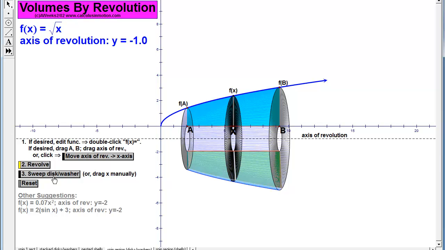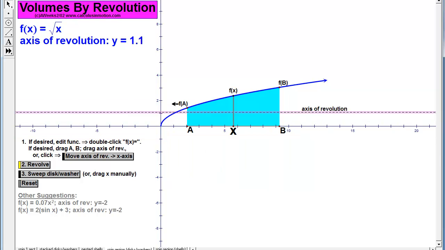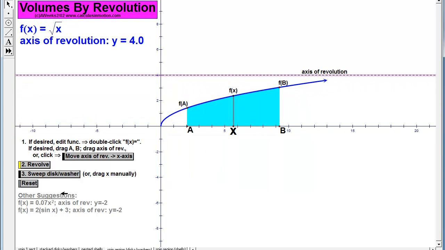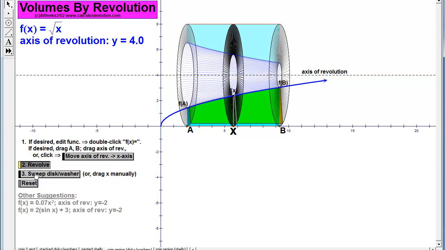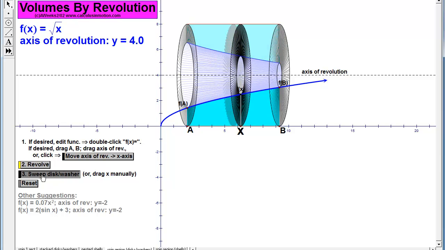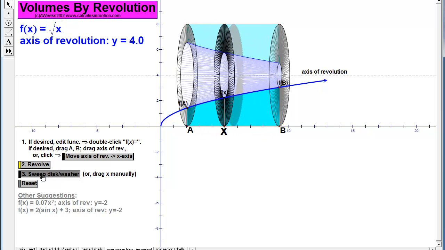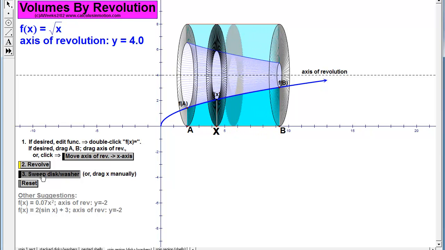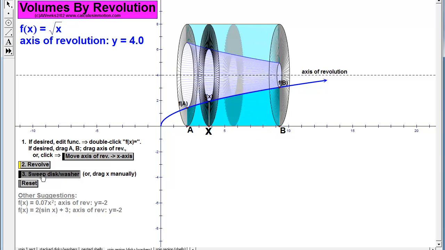So we can again sweep that sample washer through the region and see that one of those sample slices will represent all of them. We can also have this axis of revolution be above the region as opposed to below. And this time when we revolve, we can see that the size of the hole is going to change. Again, as we sweep that disk and washer through, it represents the entire collection of washers.